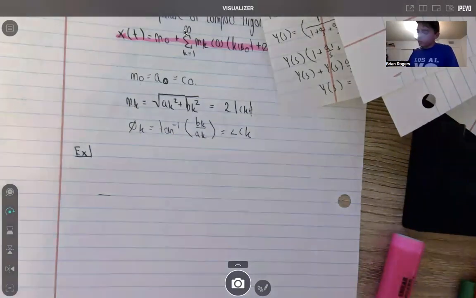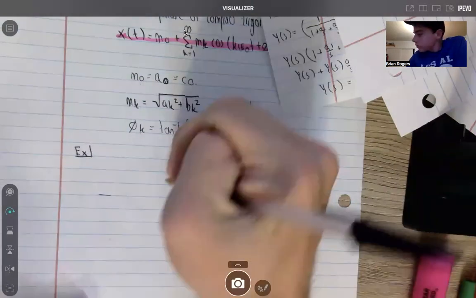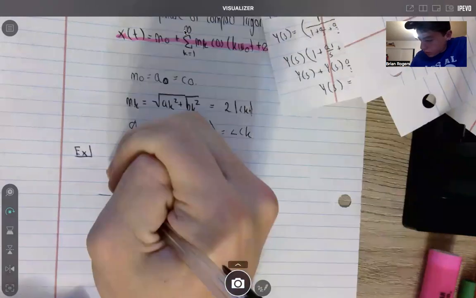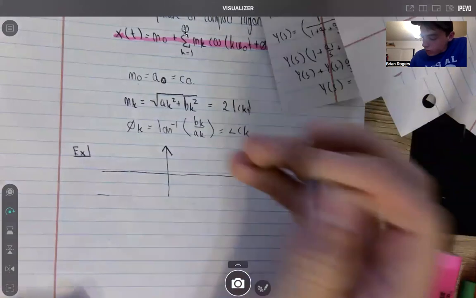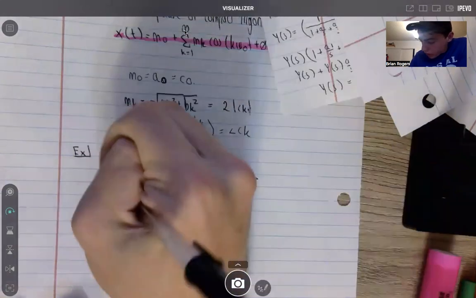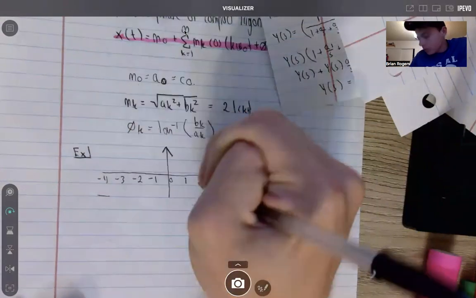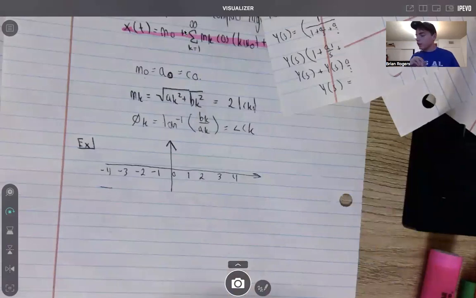Okay, number 2. So it gives us the waveform here. And it goes from, okay, we have -4, -3, -2, -1, 0, 1, 2, 3, 4. Okay. And so now we know those, and we're given the waveform.